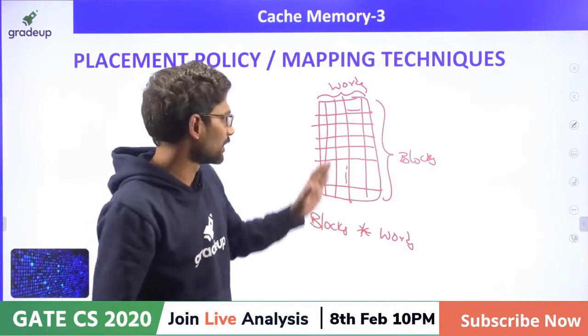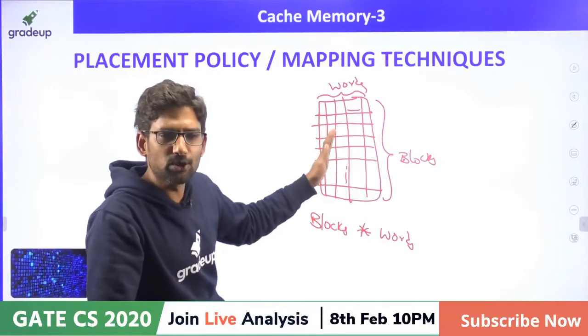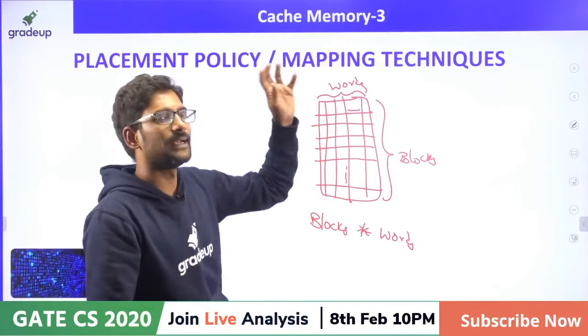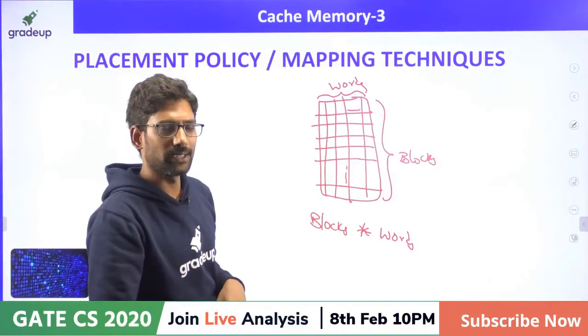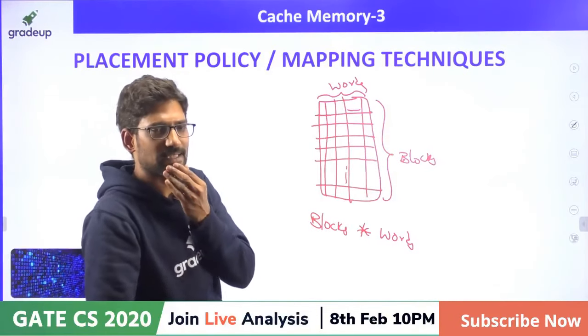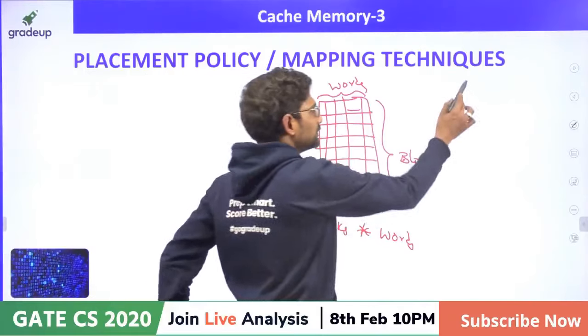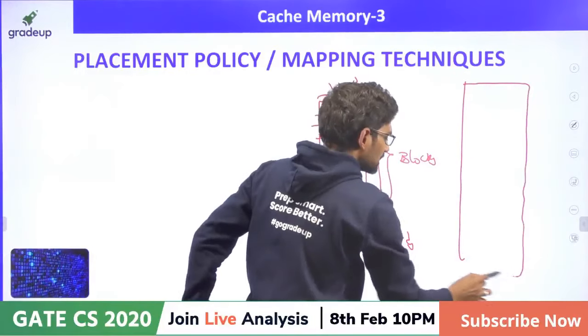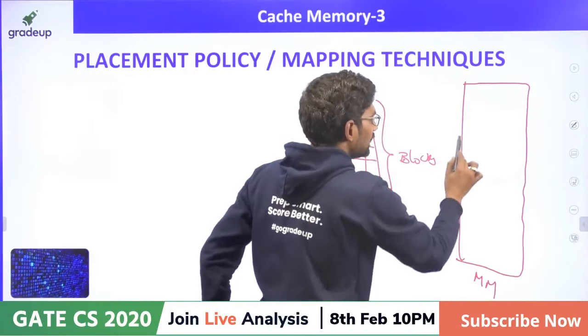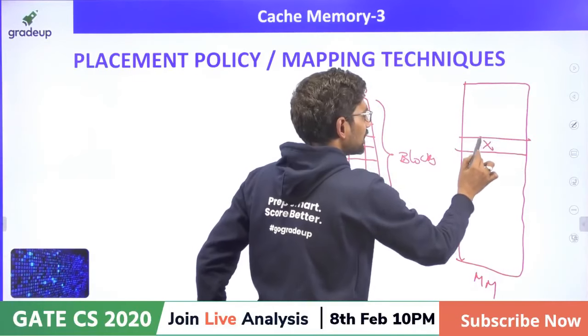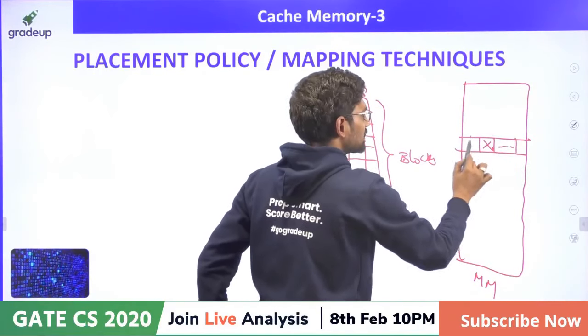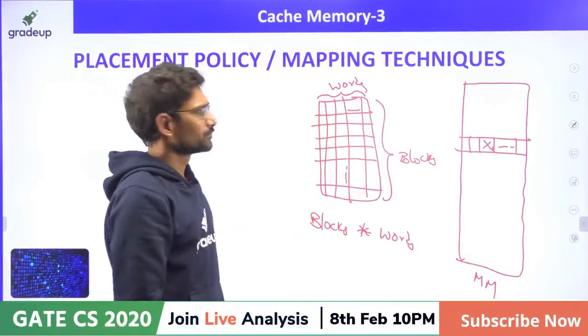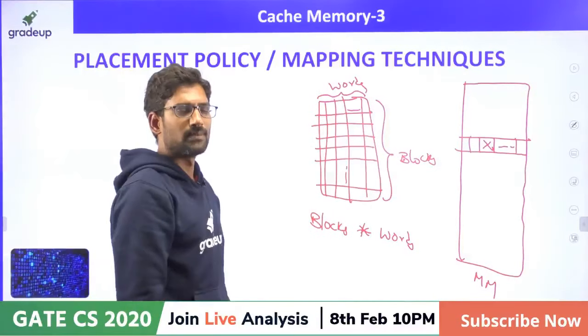Now, whenever a miss occurs, what does cache memory do? Locality of reference, what does it say? Temporal locality says go and bring that word. So here this is the main memory. In the main memory, some word x is requested by the CPU. That is not there in the cache. A miss occurred.